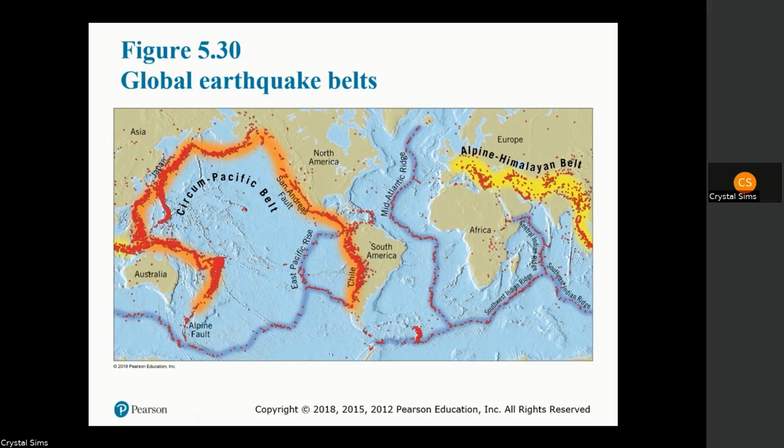And if it had occurred in today's times, instead of 200 years ago, you would have thousands of people that would be injured or killed, and damages would be in the billions and billions of dollars.